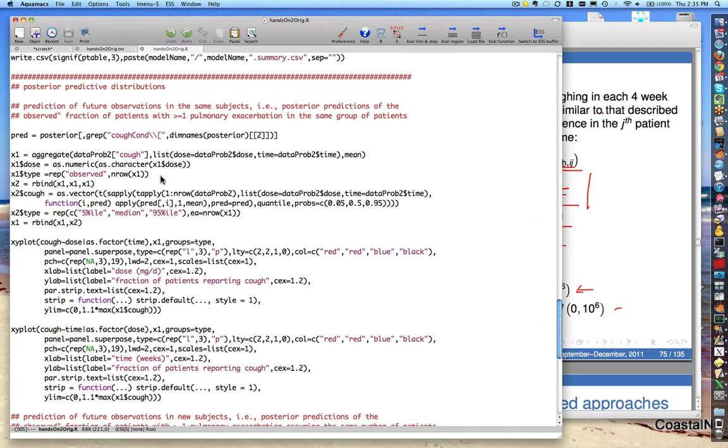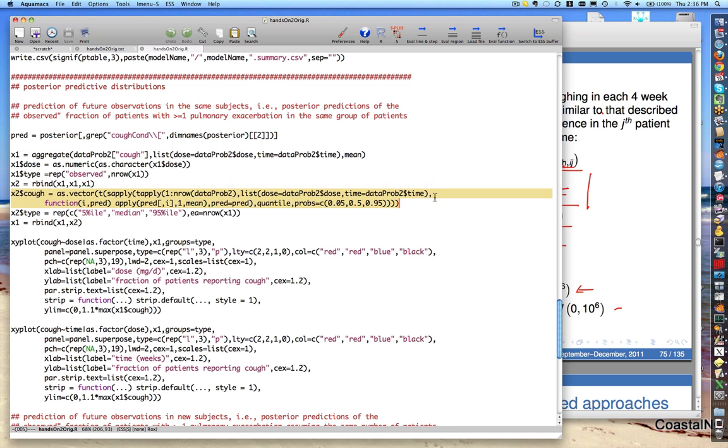Okay, so what I'm going to do here is take our posterior predictions. First, I'm going to take the individual predictions, and the next step is to calculate the fraction of patients that experience cough, both for the observed data, and then in this statement down here for our model predictions.